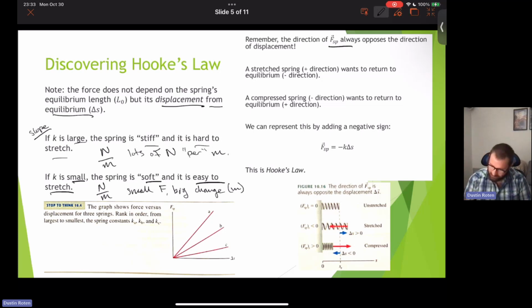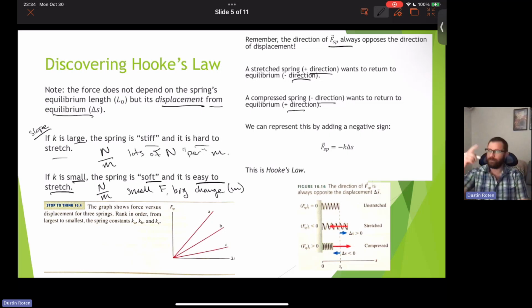So a spring stretched in the positive direction wants to return to equilibrium, which would be in the negative direction. A compressed spring in the negative direction, where we're making the length shorter, wants to return to equilibrium by getting longer, by going back in the positive direction.